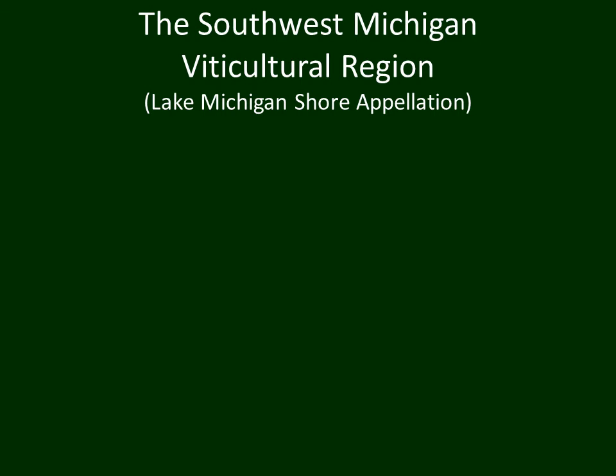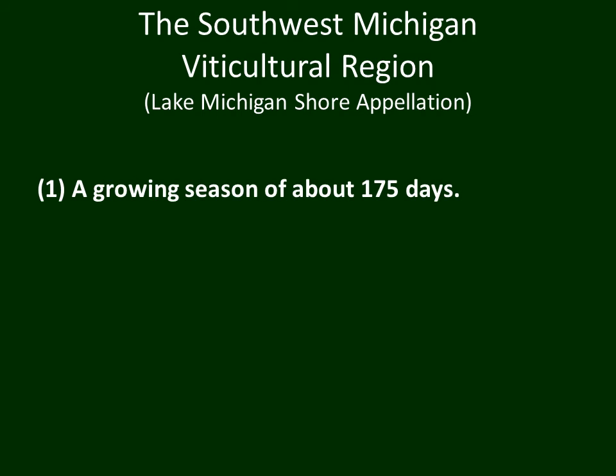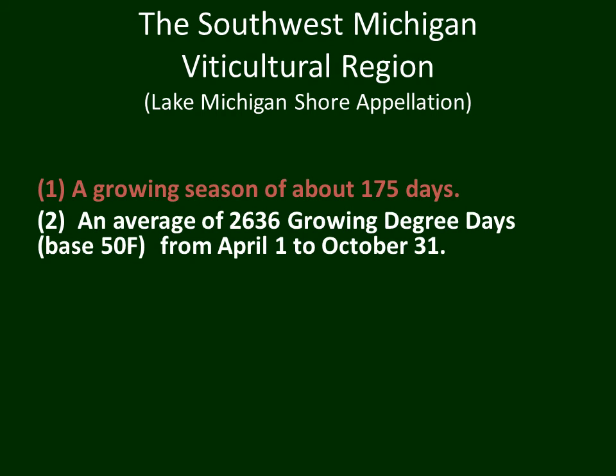So let me describe to you the characteristics of the Southwest Michigan Viticultural Region where I live. As we know it, we call it the Lake Michigan Shore Appellation. Number one, it has a growing season of about 175 days. It has an average of 2,636 growing degree days from April 1 to October 31.